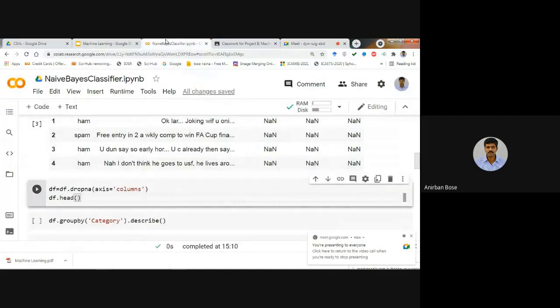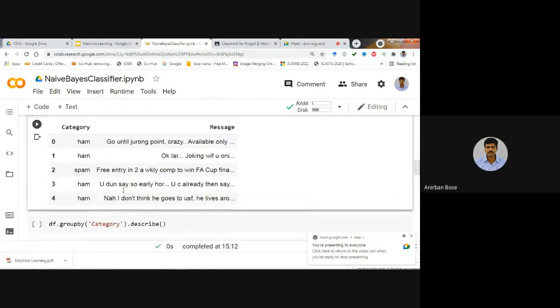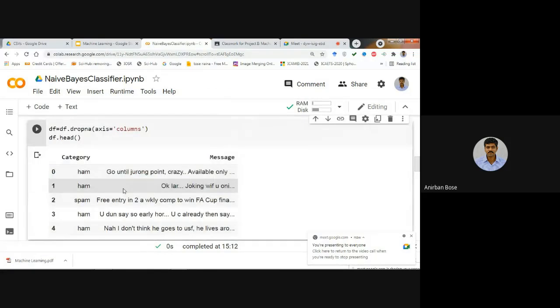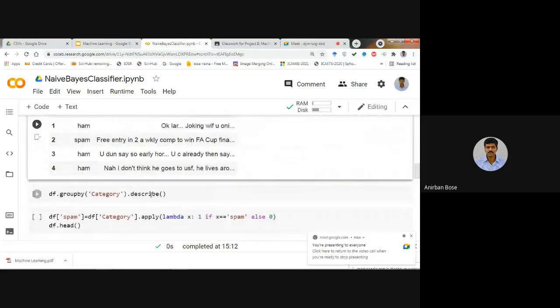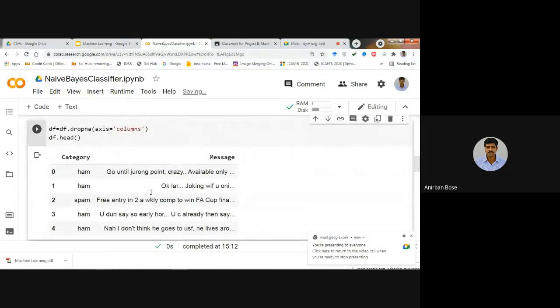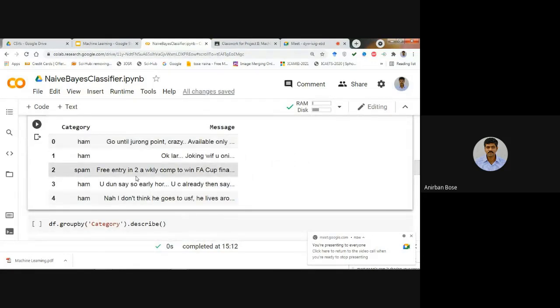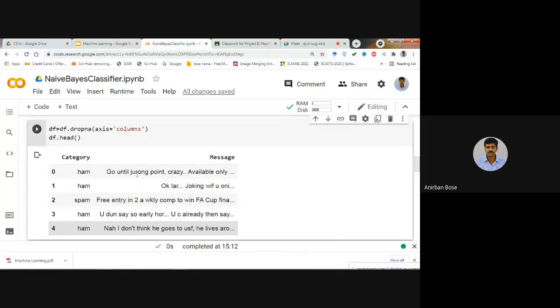So that will drop all the NA values. But what you want to drop? You want to drop all those columns. And after that, you just see what is your new data set. Okay. So now you see that those columns are deleted. Those columns are now deleted, and what is the next thing we want to do?